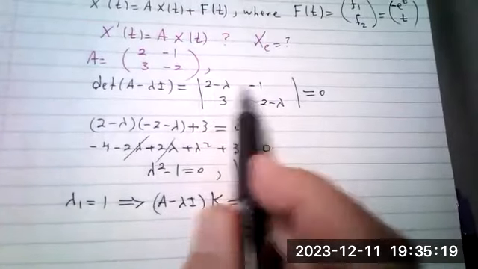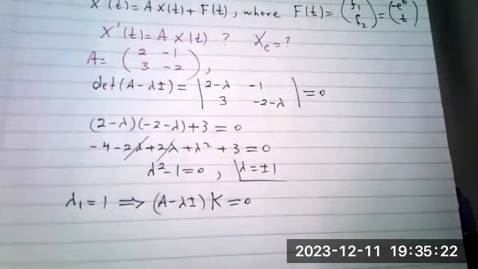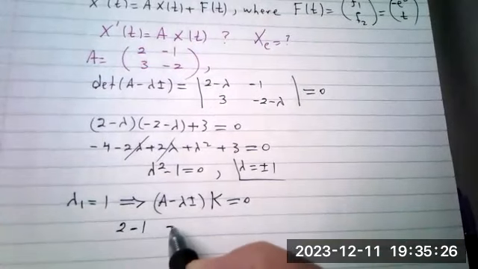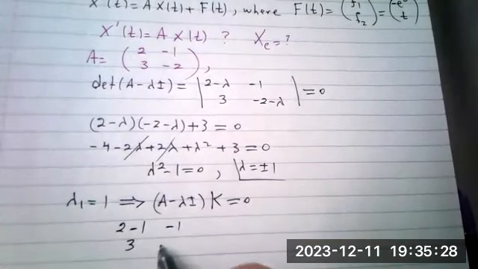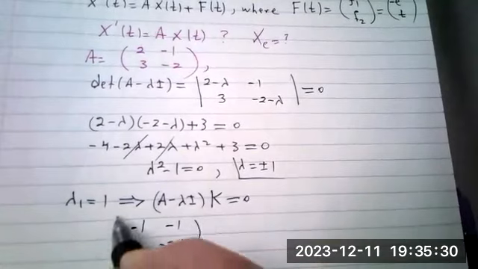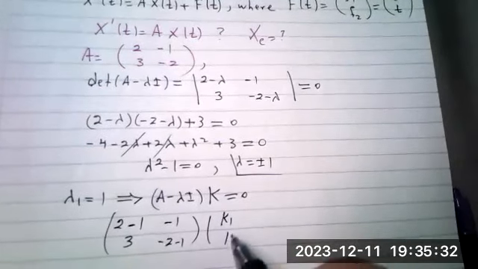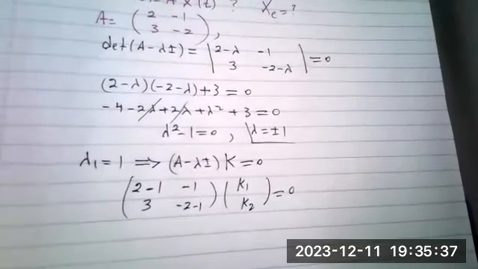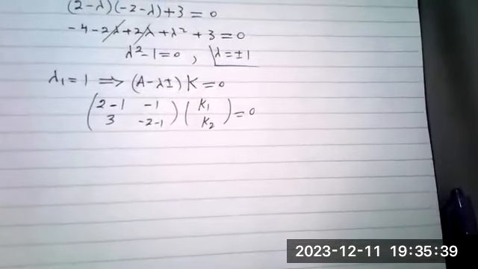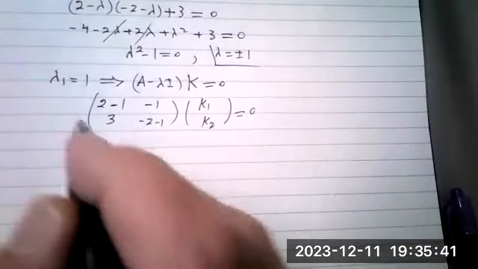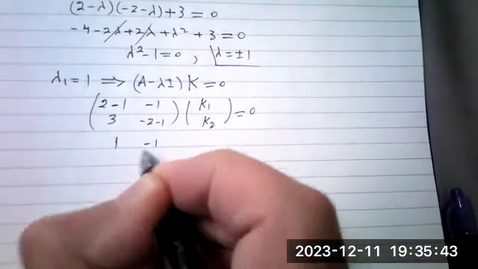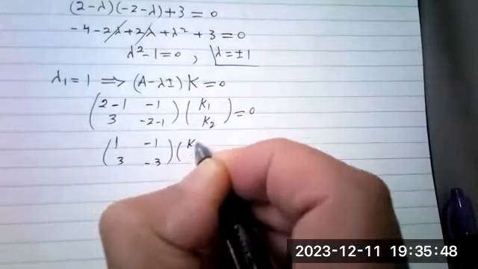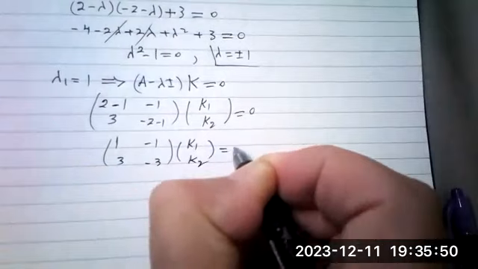So I simplify with lambda equal to 1: 2 minus 1, -1, 3, -2 minus 1, times k1, k2 equals 0. Simplify: 1, -1, and the second row is a multiple of the first one.